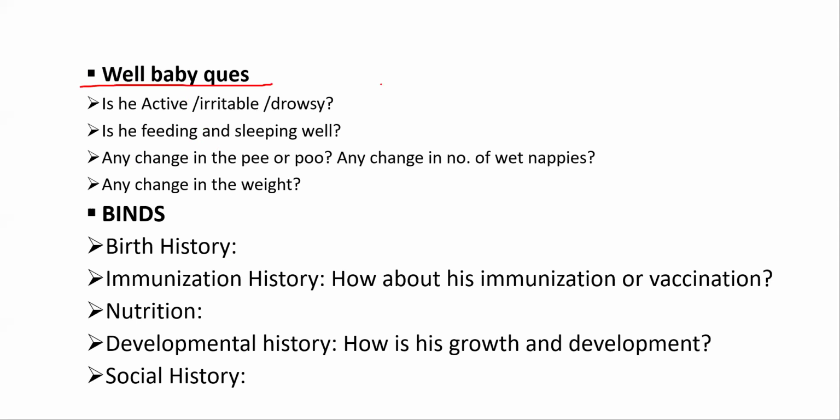For well baby, we ask about their mental status. So is he active, irritable, or drowsy? We ask about their feeding and sleeping. So how about his feeding and sleeping? We ask about their bowel and bladder, which we have already asked here, so we don't need to ask these questions anymore.